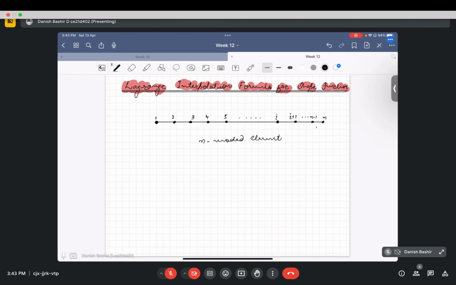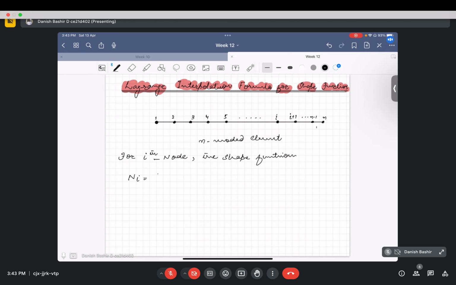So for example, for ith node, we want to write the shape function. So for ith node, the shape function will be given by the polynomial that is known as Lagrange interpolation polynomial.